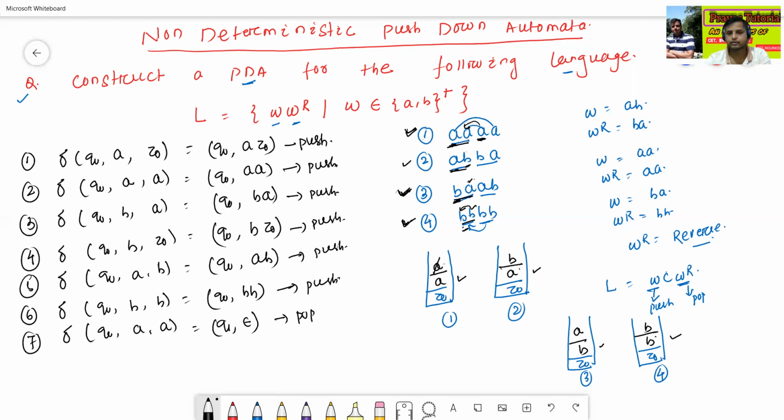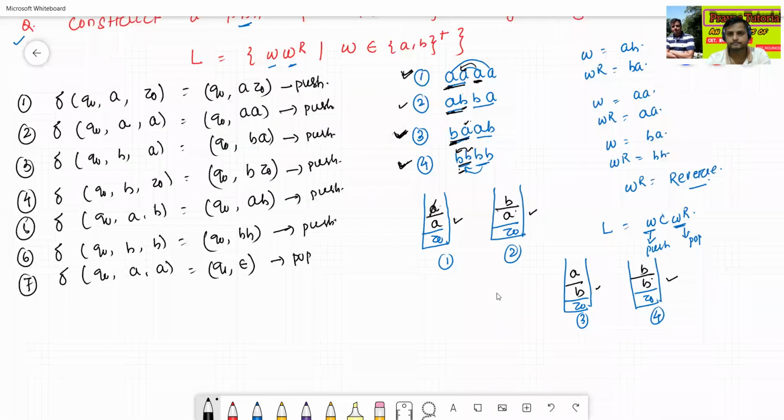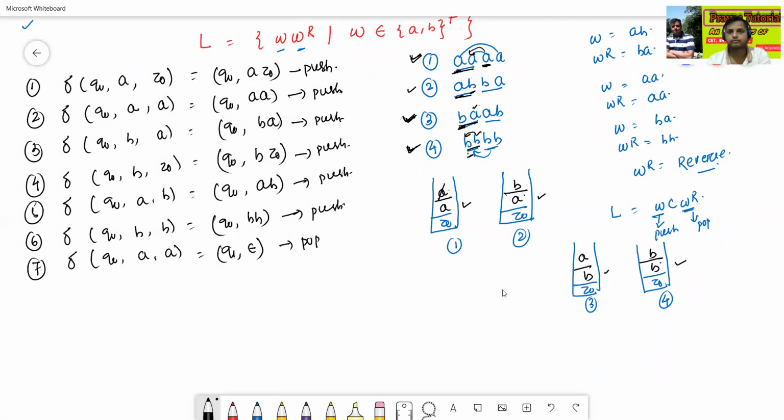Now I'll take one loop. Eighth one, delta(Q1, A, A) equals Q1, epsilon. So this A will pop this A, right?